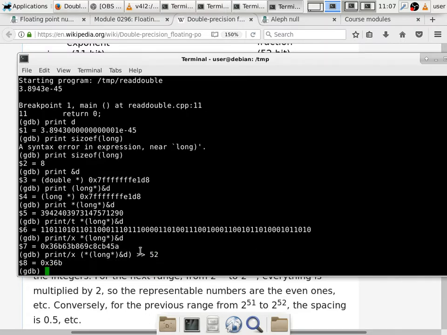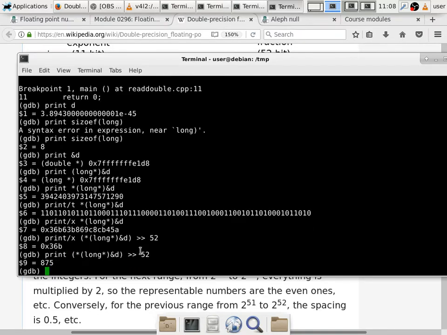Okay, so we shifted 52 times. We end up with 36B, which is a hexadecimal number, but we can also translate that into decimal, which is 875. But this is E. The actual exponent of 2 is what? Do you guys remember earlier? E itself is not the actual exponent.